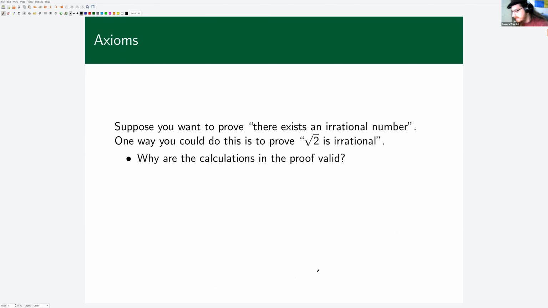Okay, that's why these calculations are valid, because it's based on simpler, more elementary facts. Okay, and on a similar note, how do we even know that there is a square root of 2, right?